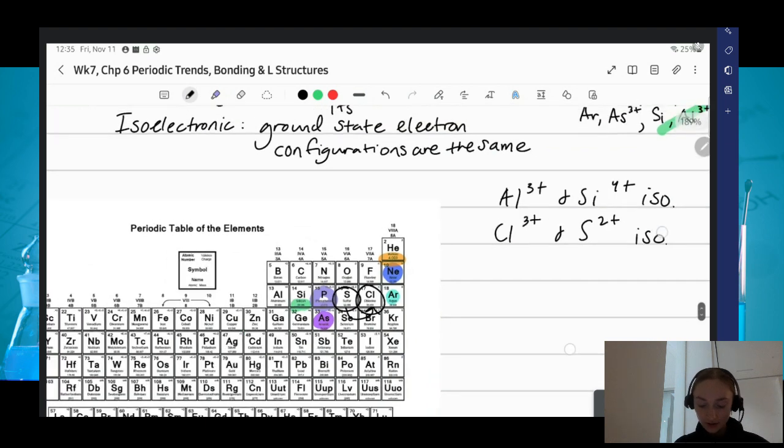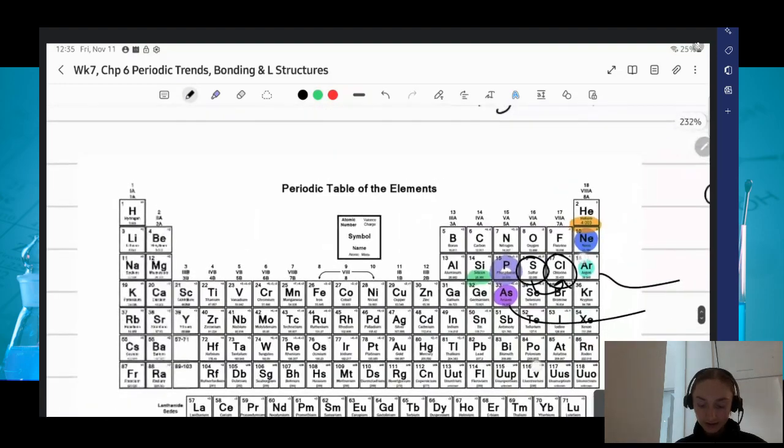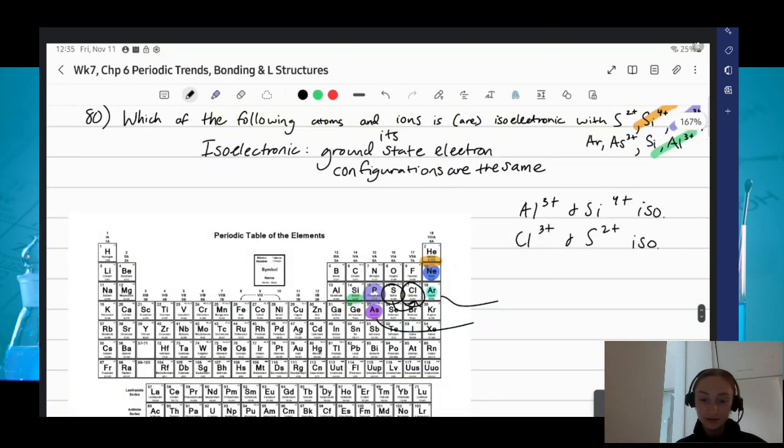The ones that are not here: the argon is left by itself because it doesn't have any shared ground state configuration with anything else. The arsenic also does not have any shared charge with anything.